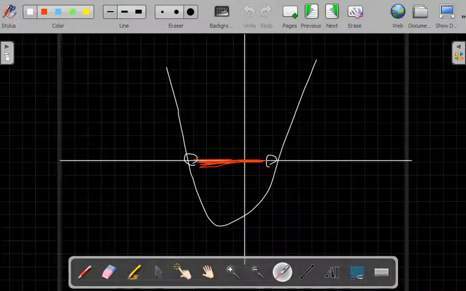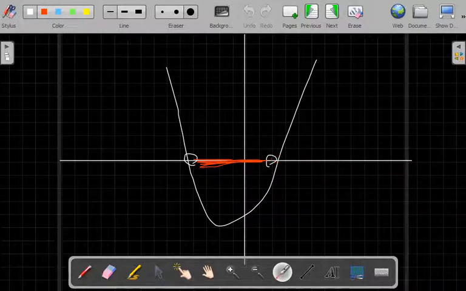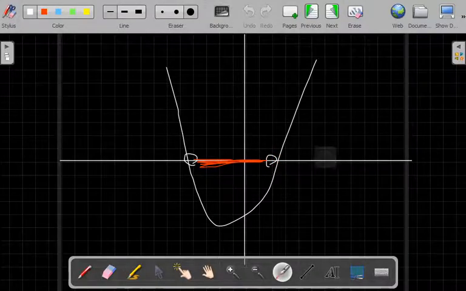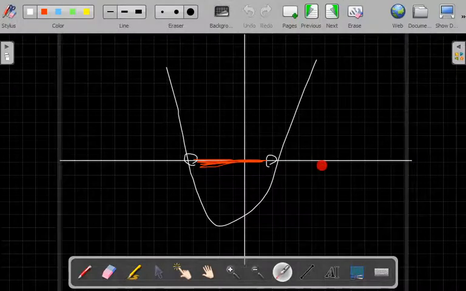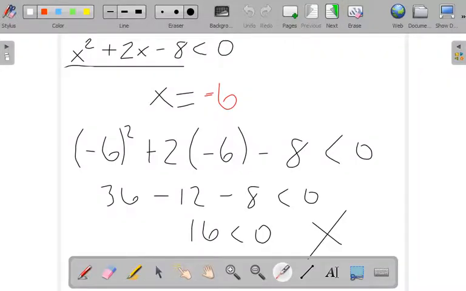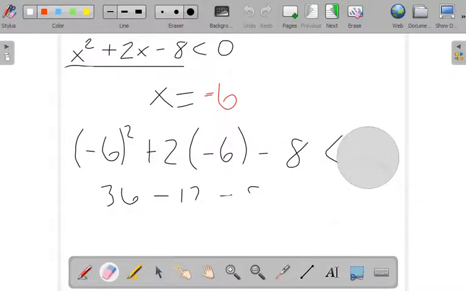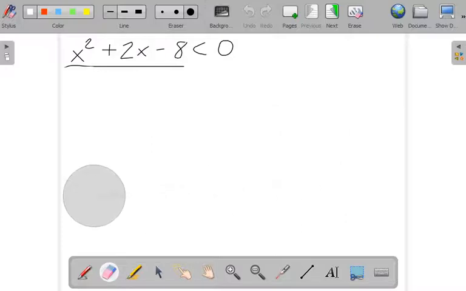So we choose a point, let's say maybe 5, right? Because we tested, this is 2. So if we test 5, like over here, we can determine if this inequality is true or not. So let's come back here, erase this. We are going to test point 5. We're going to set x equal to 5.